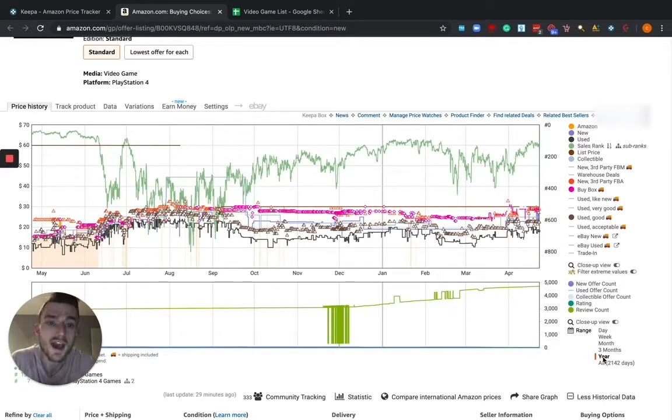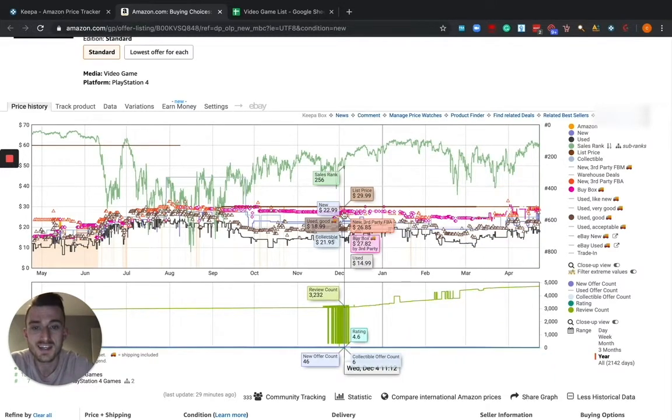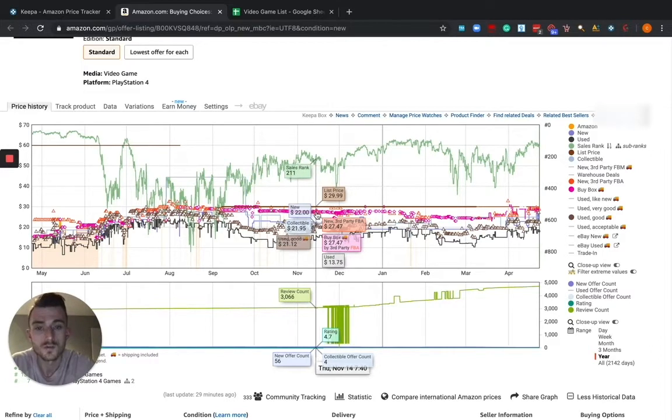So once you have those couple important ranges down, the next thing you want to be looking at is the past sales history, okay? And that's identified by these pink dots, otherwise known as the buy box, okay? So when you hover your mouse over the pink dots, there'll be a bunch of little squares that come up.